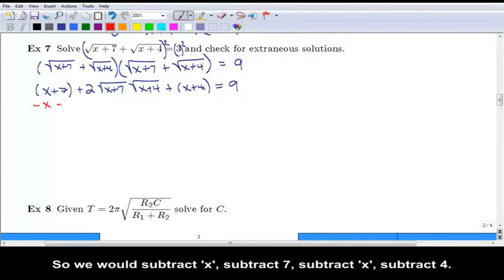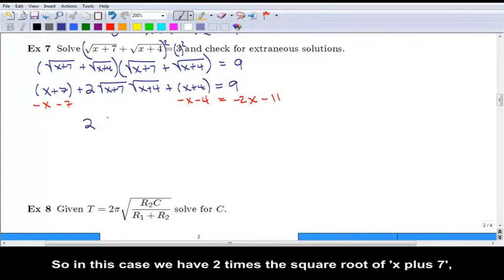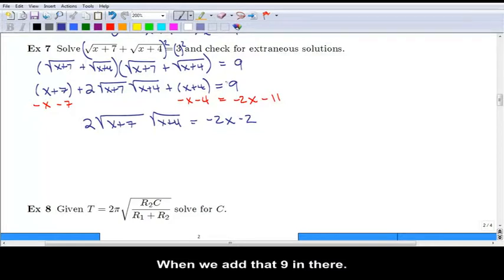So we would subtract x, subtract 7, subtract x, subtract 4. So over here we would be subtracting 2x, and we would be subtracting 11. So in this case, we have 2 times the square root of x plus 7 times the square root of x plus 4 is equal to negative 2x minus 2. We add that 9 in there.